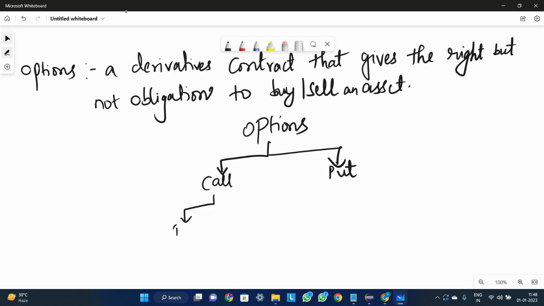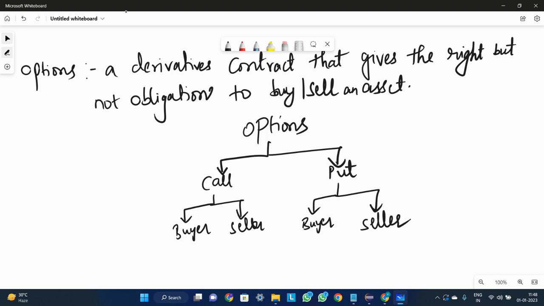So there are call buyers, and you will also have call sellers. In a similar way, you will have a put buyer and you will also have a put seller, right? When you're buying call options, what are you doing? Let us quickly understand who is a call buyer.